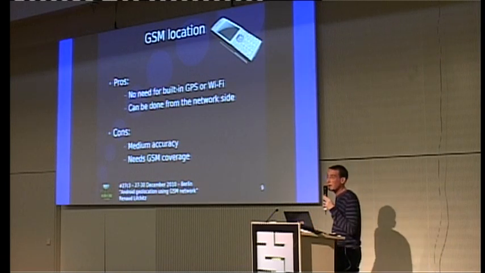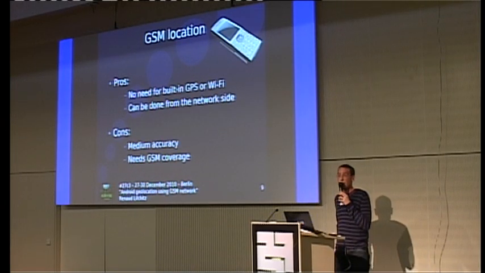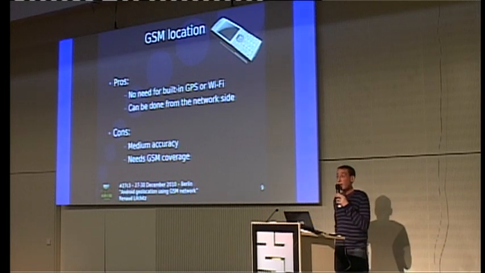So in the cities, you have a quite good accuracy, which can be 100 meters. But when you are far from the city, for example, at the seaside, you won't be able to geolocate precisely. And of course, you need GSM coverage, but it's easier to have GSM coverage than to have Wi-Fi coverage.